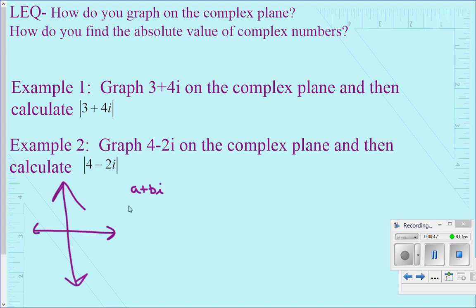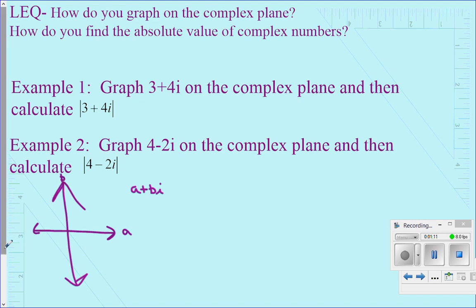If that's a complex number where a is the real part and b is the imaginary part, on a complex plane, rather than the x-axis, we have the axis where the real numbers go, so the real part, or the a. And on the y-axis, that's where we put the imaginary part of the complex number. So that's the b part, or the imaginary part.